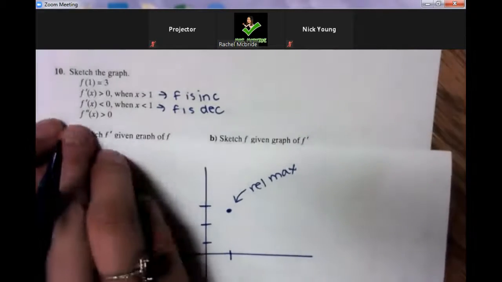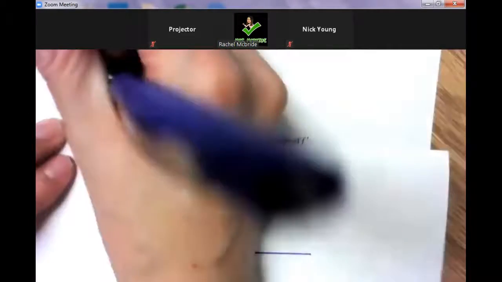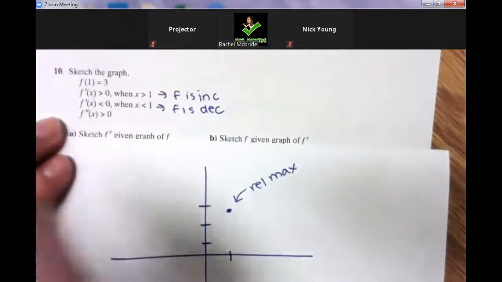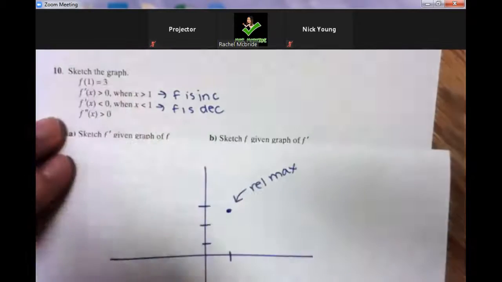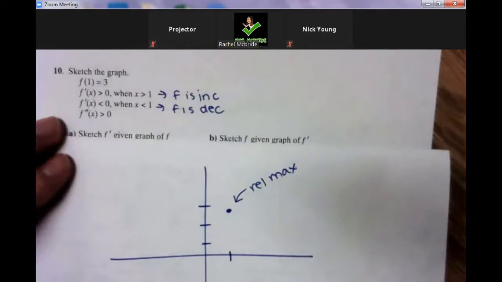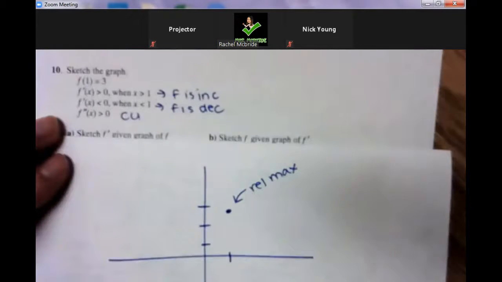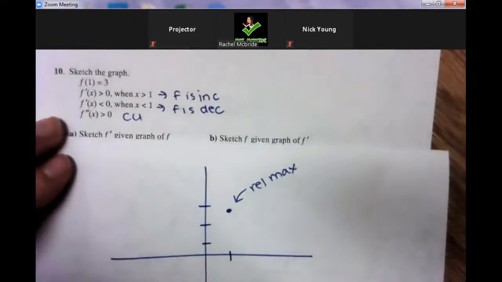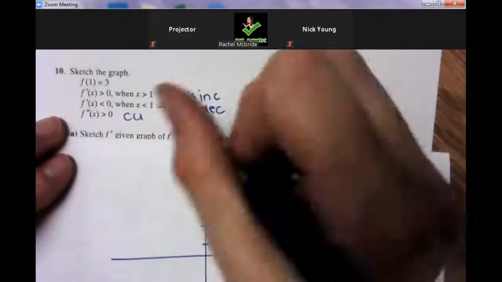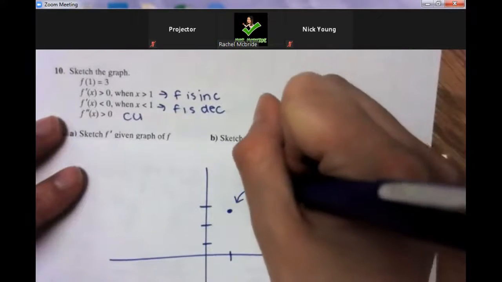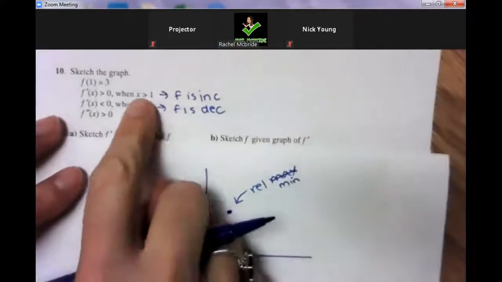The second derivative is positive always. Sorry, I wrote max because I read that as x less than 1.